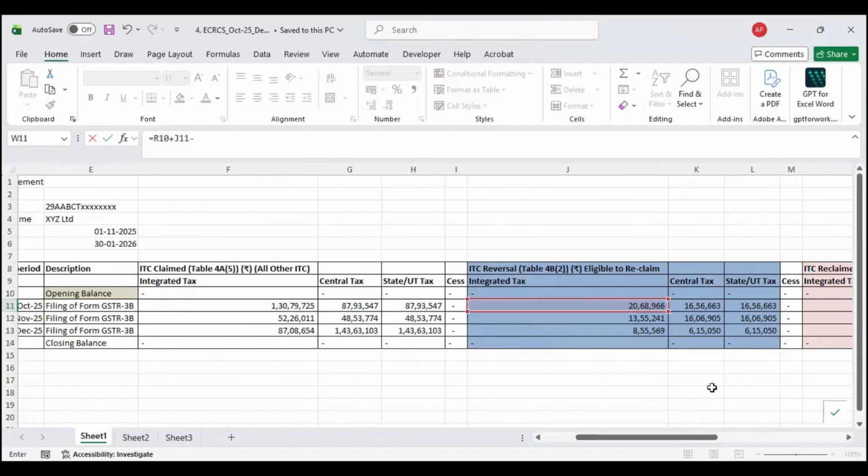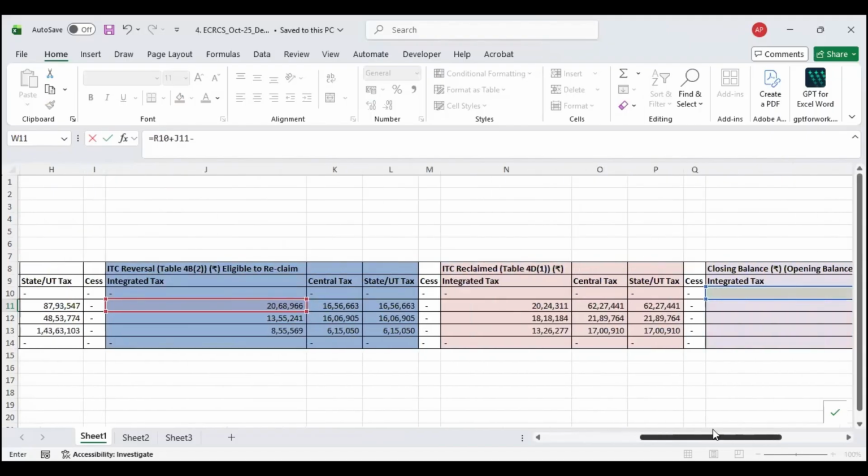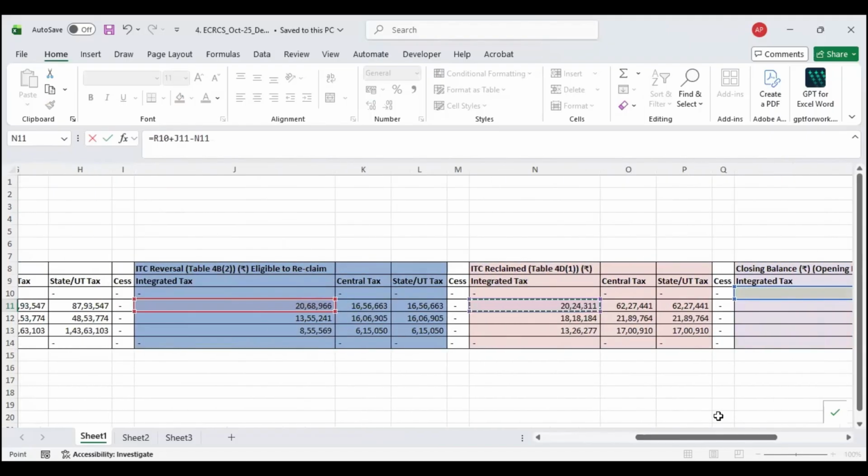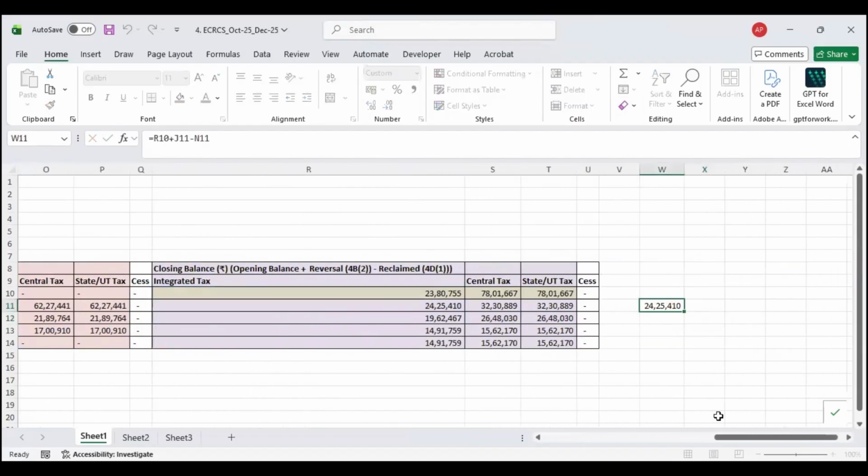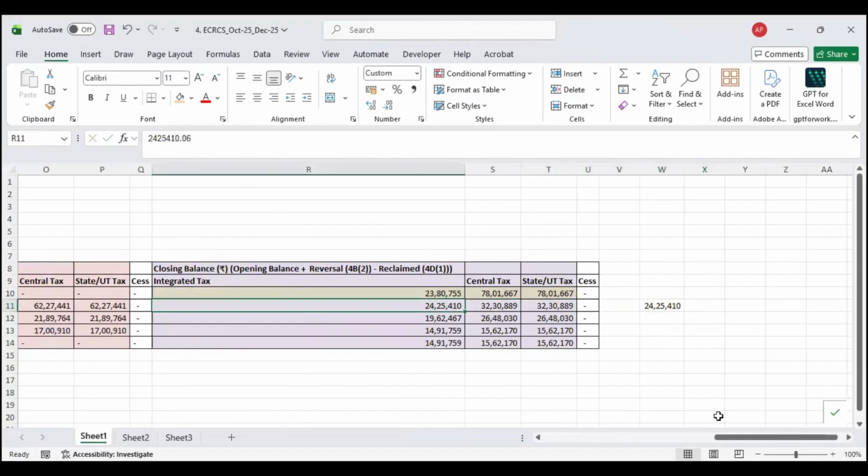And out happens on account of 4D1. This is my 4D1. You can say 24 lakh, 25,000. This is your closing balance. This and this matches. So this is a check what government has given. At any point in time, the closing balance here should not be negative. So this is a control they brought in your GSTR 3B.